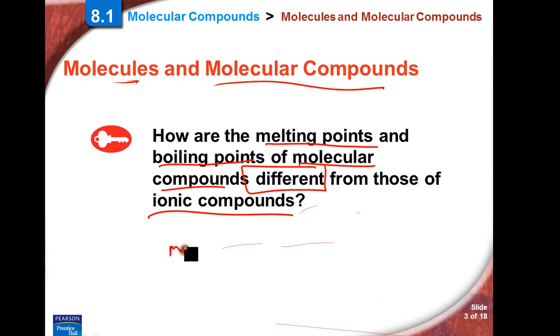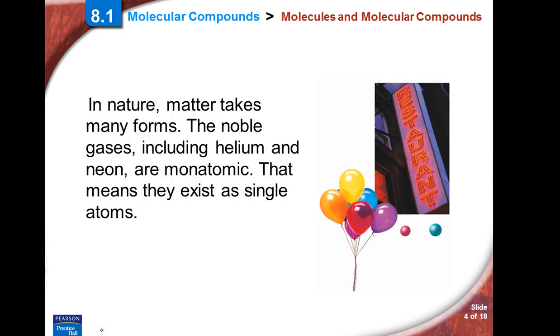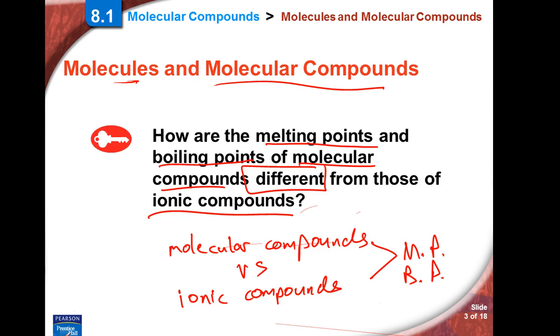So this is molecular compounds versus ionic compounds in terms of the melting point and the boiling point. So, we will talk about that in a moment. Actually, let's go back and answer that question now.